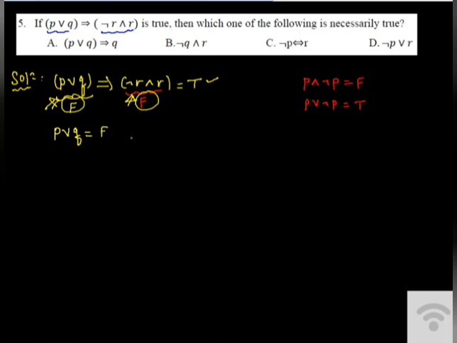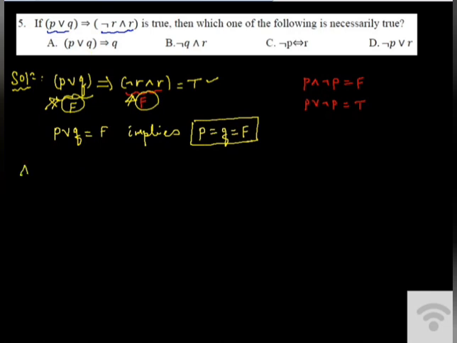If P or Q is false, this implies both P and Q must be false. There is no other option than this. So we will apply this fact to determine which of these compound propositions are true.